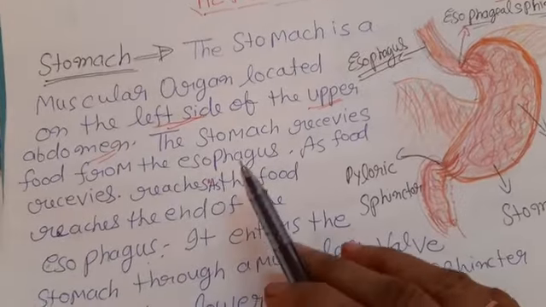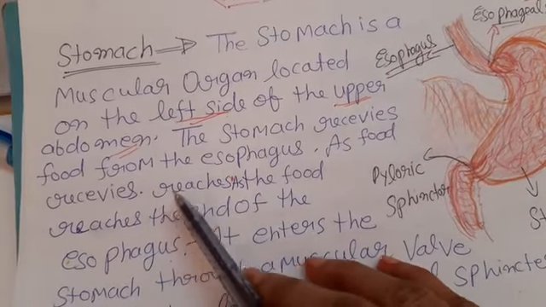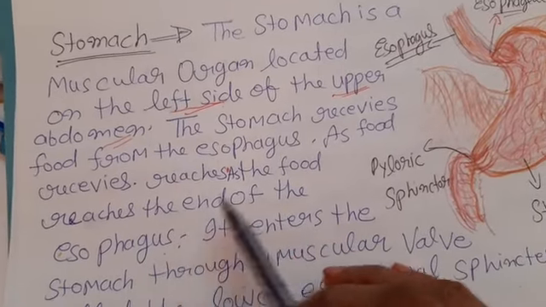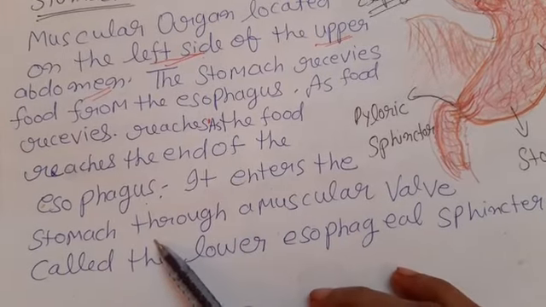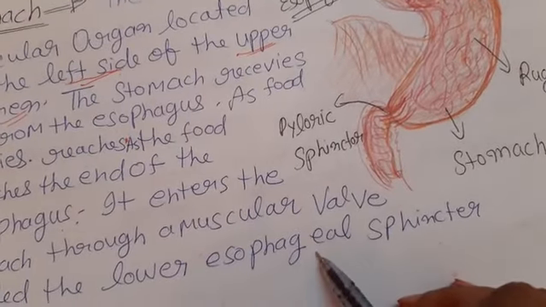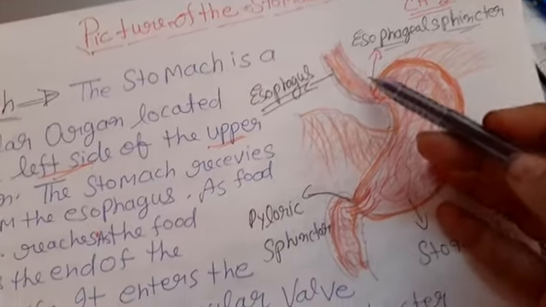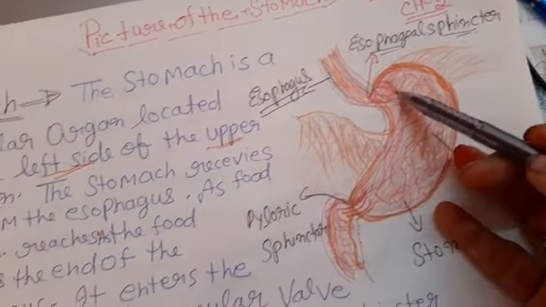So let's see here. The food reaches the end of the esophagus and enters the stomach through a muscular valve called the lower esophageal sphincter.